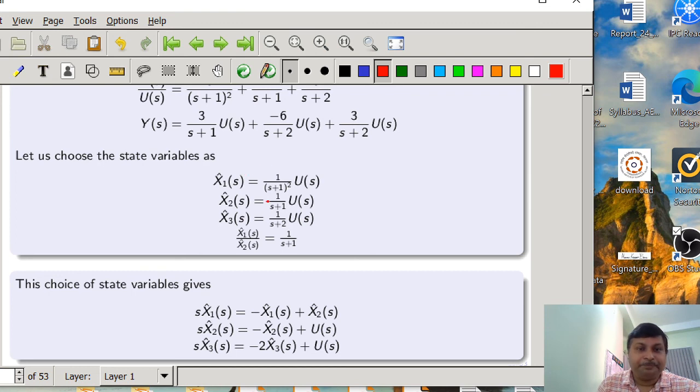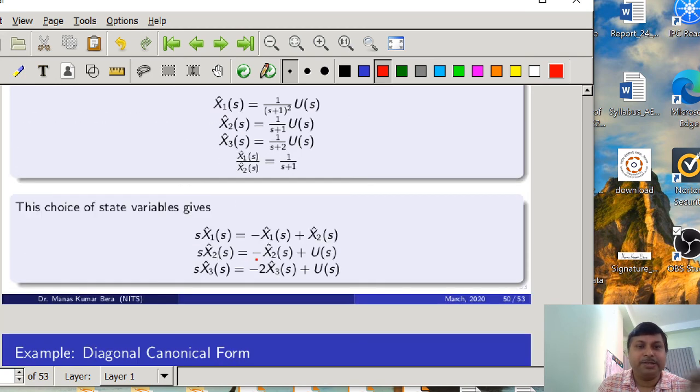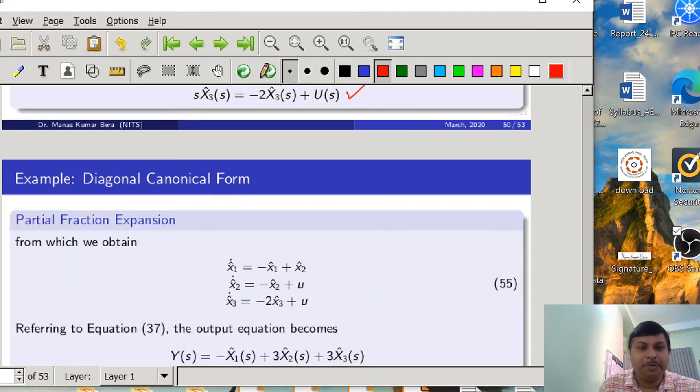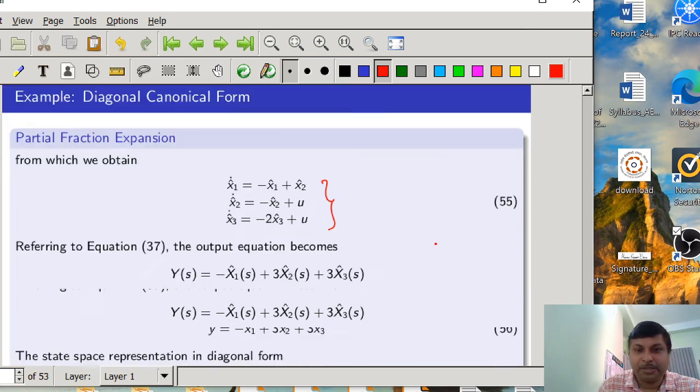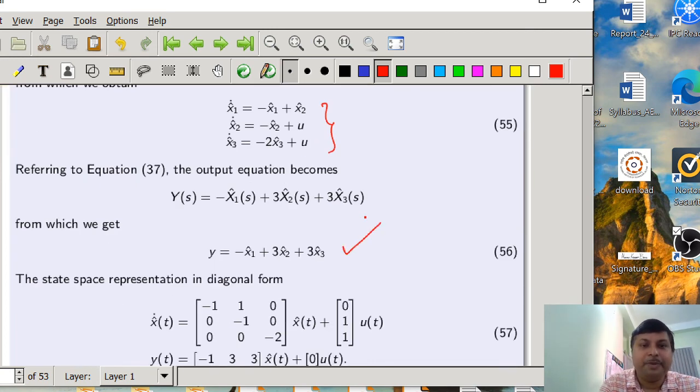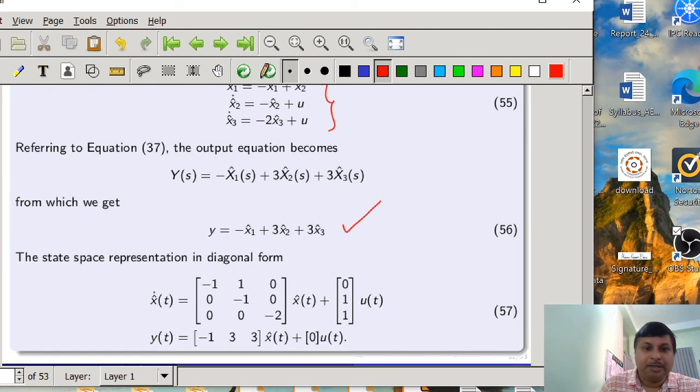Now here, to avoid this square term, we will take the ratio of x1s by x2s, which is written here, and the other two expressions are as usual. Now if we take the inverse Laplace transform, we will get the state equation, and the output equation is expressed in 56. Ultimately we can see the Jordan canonical form, where you can identify the division of matrices like this.